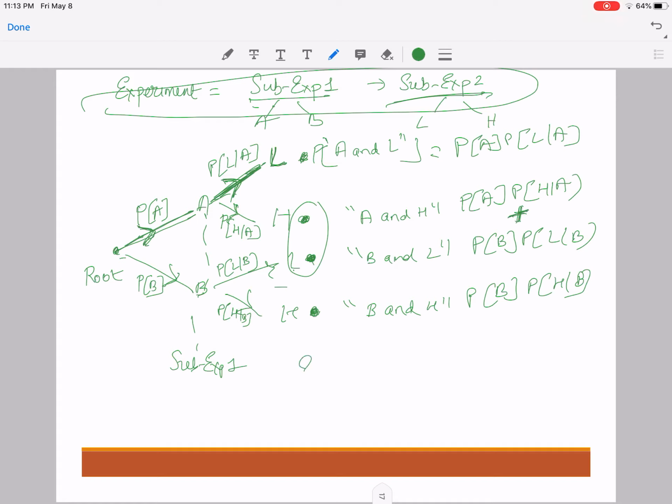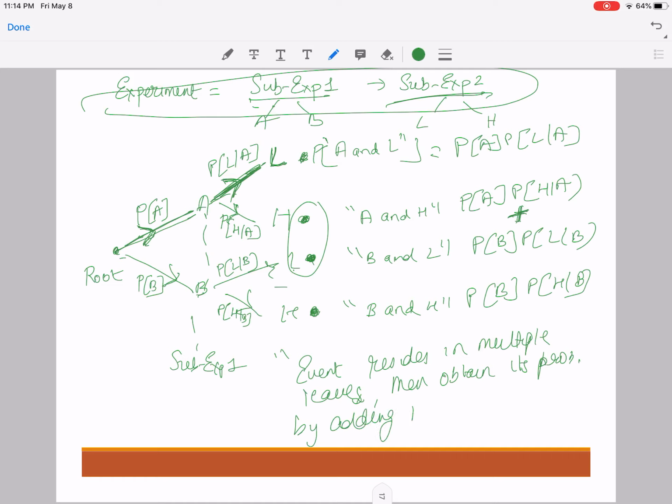So if your event resides in multiple leaves, then obtain its probability by adding probabilities of those leaves. So if an event corresponds to these two leaves, then I'm going to add their probabilities to get the probability of my event.